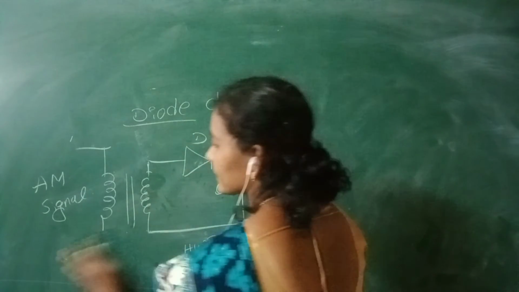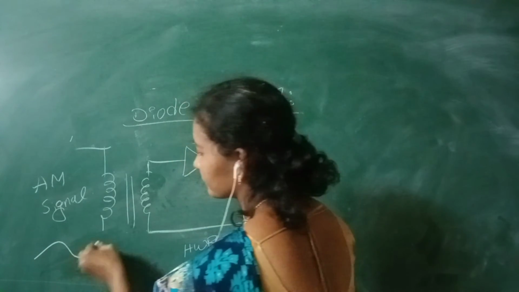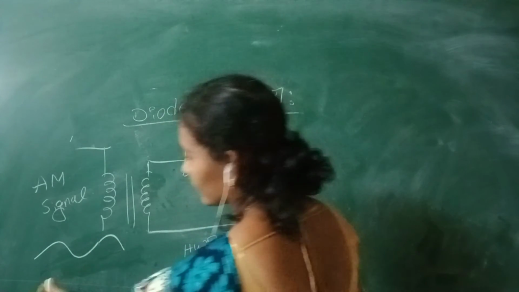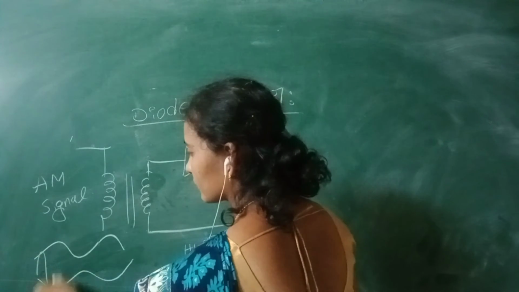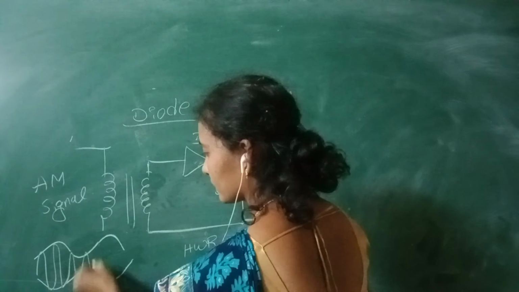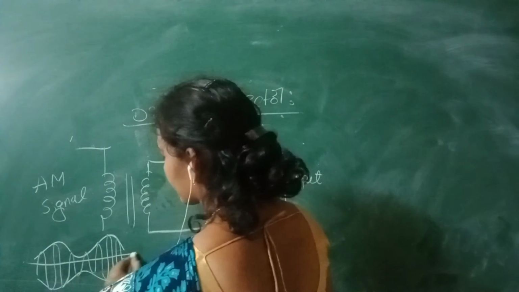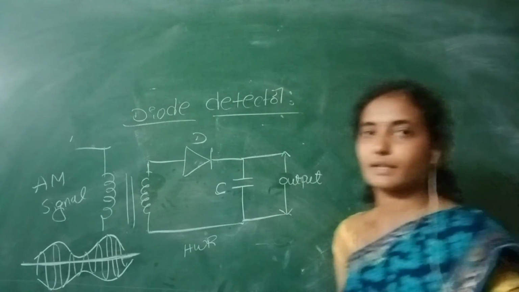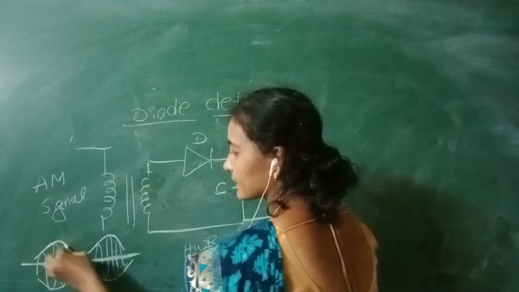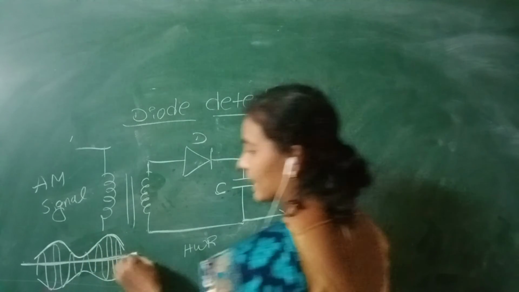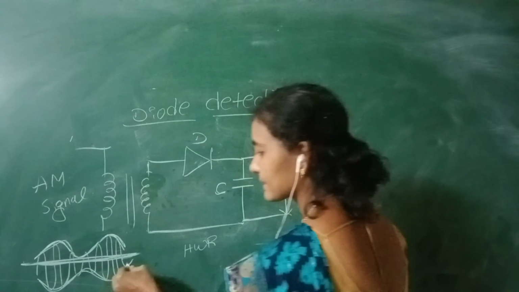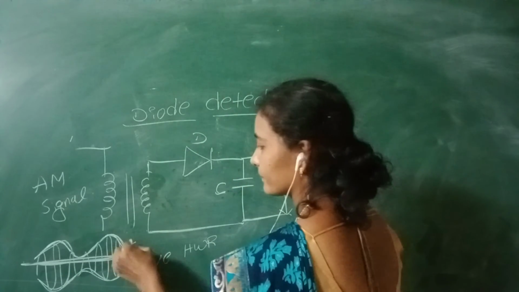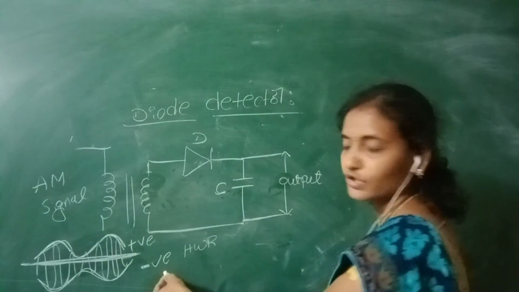So what is the AM signal here? This is the AM signal, and this is the origin. The signal above the axis works as positive, and below the axis it works as negative.